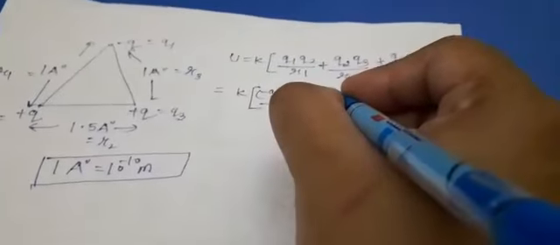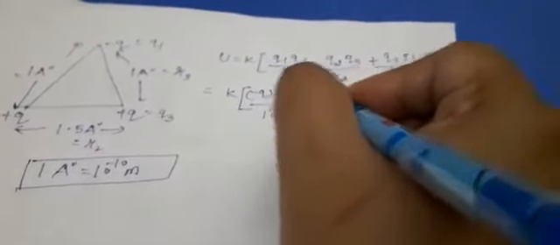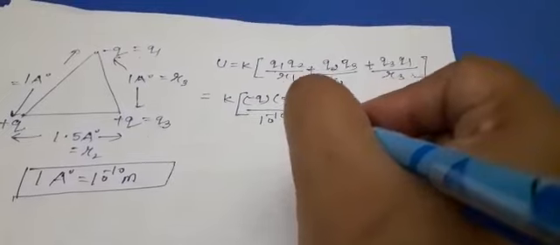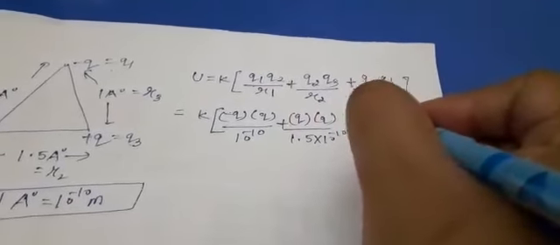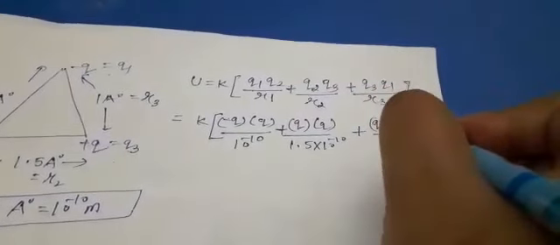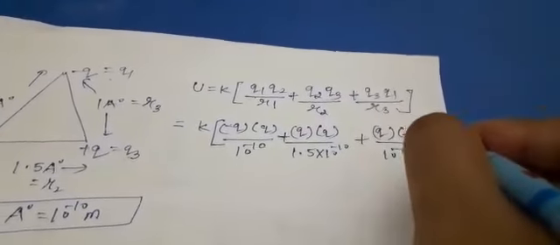Now the second pair: Q2 is plus Q, Q3 is also plus Q, distance is 1.5 times 10 raised to the power minus 10. Plus Q3 into Q1, that is Q into minus Q, by 10 raised to the power minus 10.